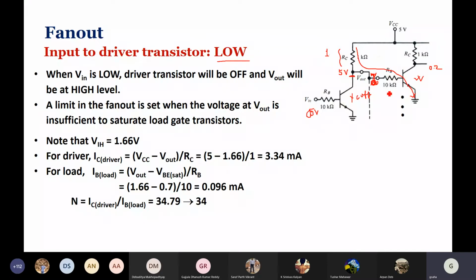So is it okay with all of you? Anyone has any doubt? Can I get an audio response that this part is understood, that with load being connected, VOH is coming down? Yes, sir.